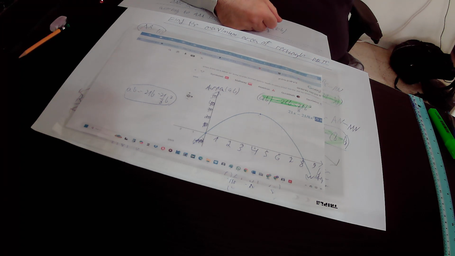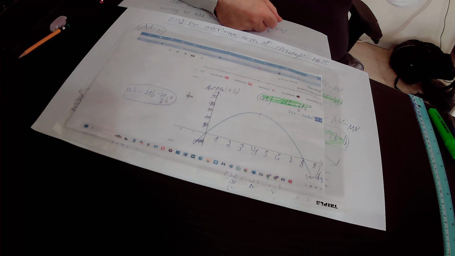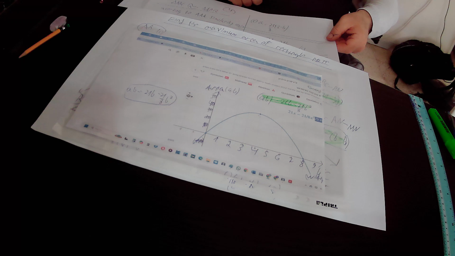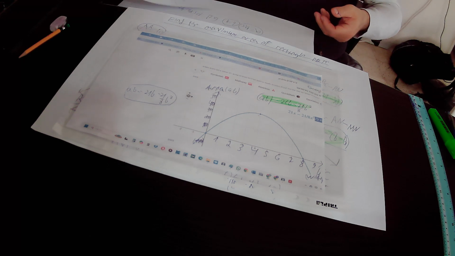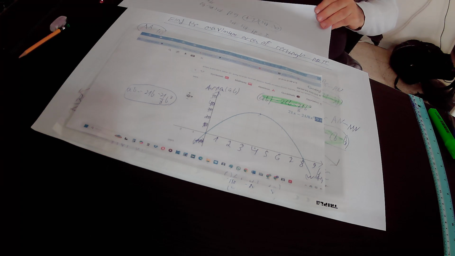Now, in order to find out the exact value of the area of rectangle PQST when b equals 4, we have to put the value of b in the function area. That is to say, we have to substitute b by 4.